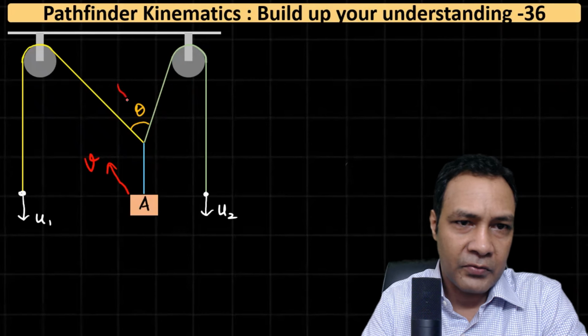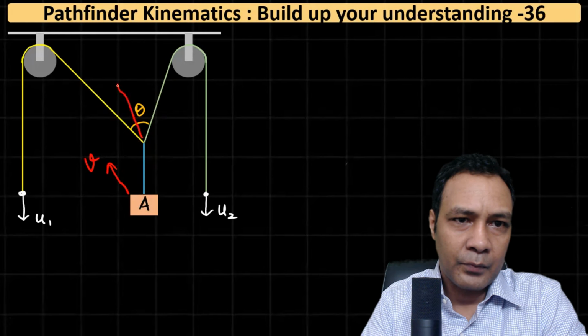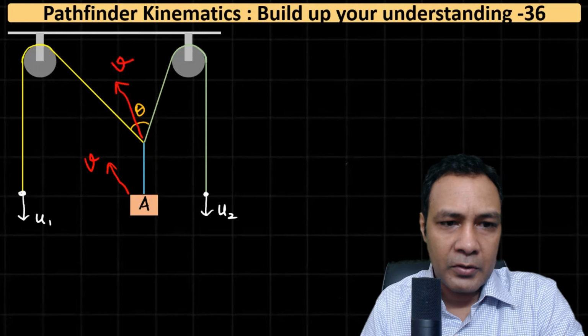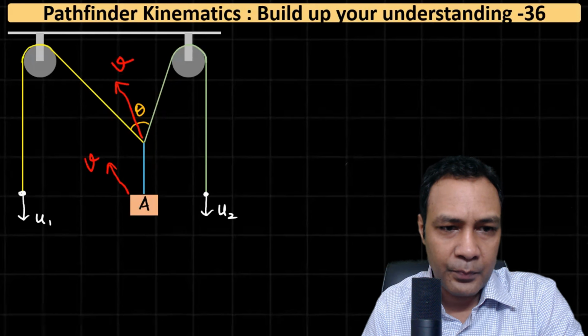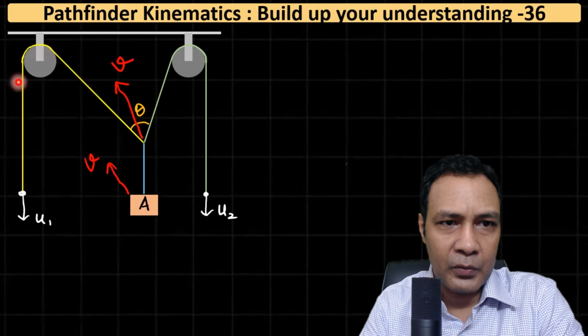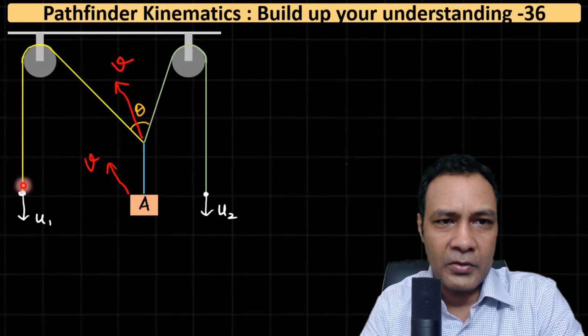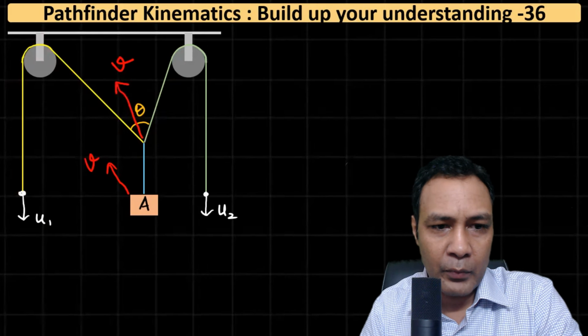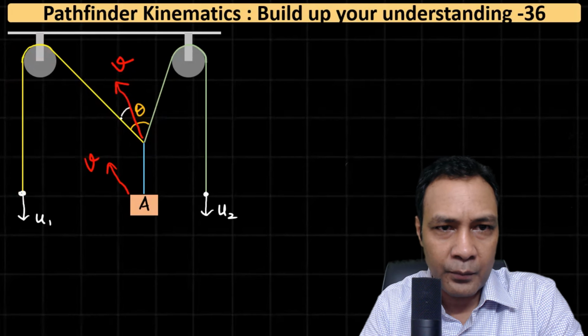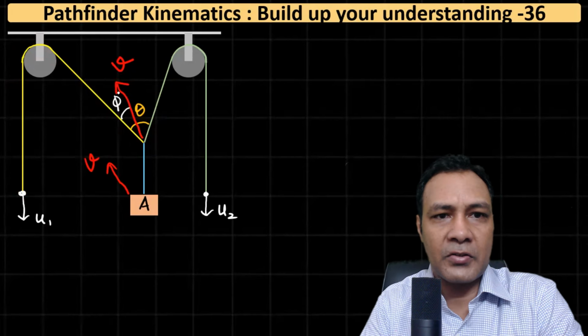Suppose this velocity is V. And suppose this end of the string here, I want to apply the string constraint on this string first, and suppose this velocity makes some angle, say this angle is phi, from this string.